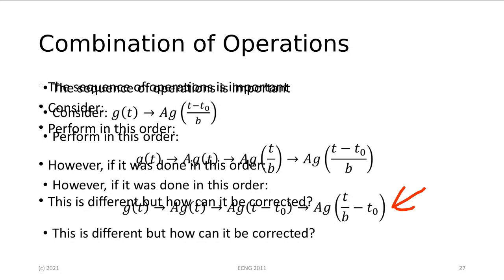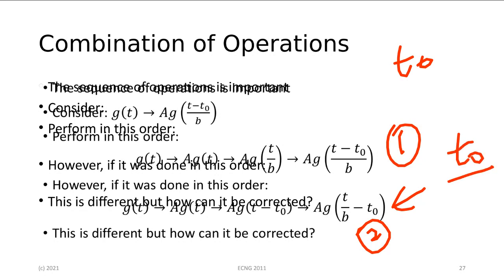So the difference between 1 and 2 is that 2 has been delayed by T0. If I were to delay it by T0 over B instead, then I'll have T over B minus T0 over B, which is the same thing as before.